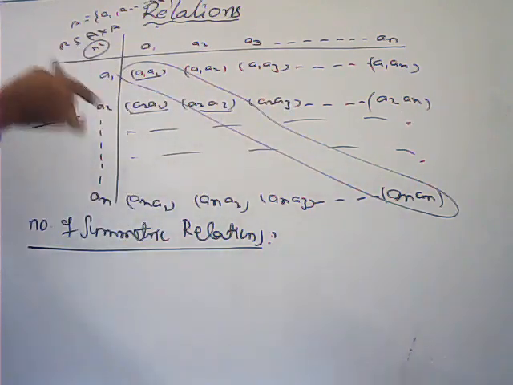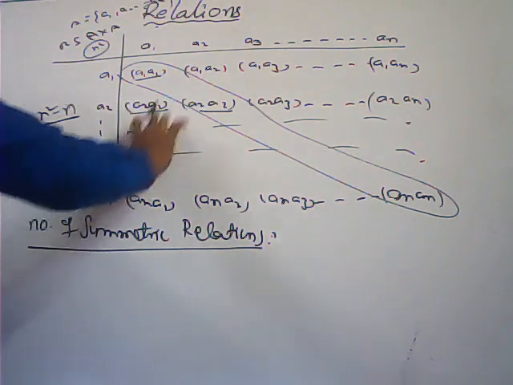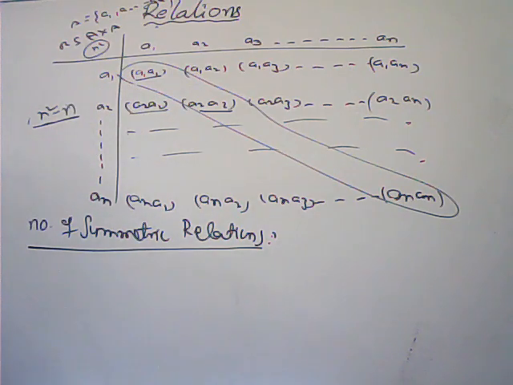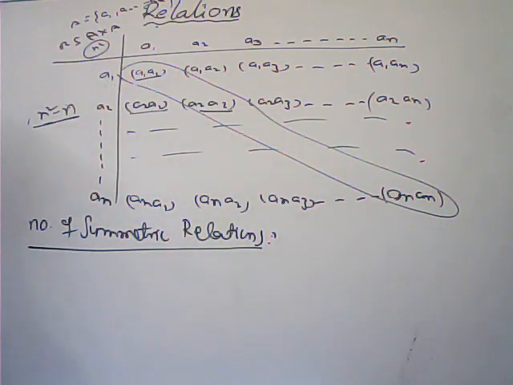For reflexive, compulsory only, so I kept everything. There is only one way. 1 into 1 into 1, if you repeat that any number of times, you will get 1 only. But for the rest of the elements, 2 possibilities are there, so 2 into 2 into 2. The rest of the elements, n square minus n, are there. So we got 2 power n square minus n.